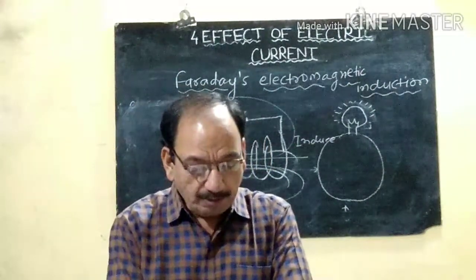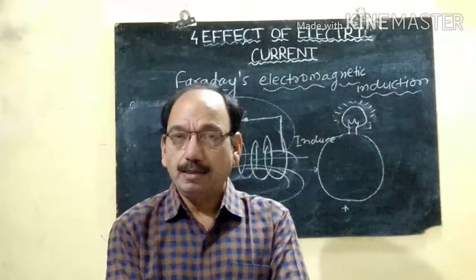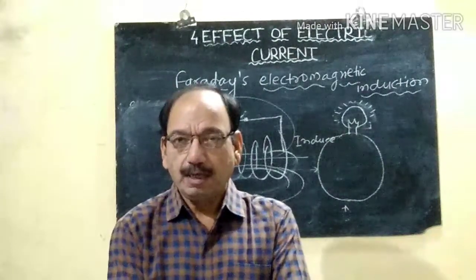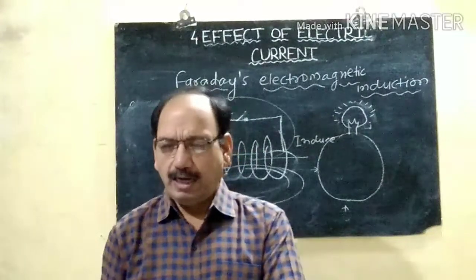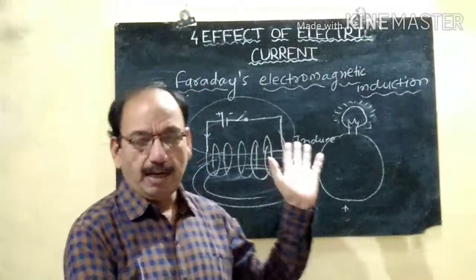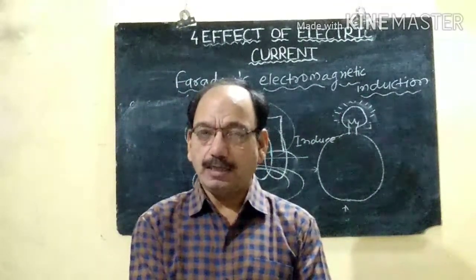If the solenoid coil is moved towards or away from the coil, we can observe with the help of a galvanometer that it shows deflection from zero. We can identify the presence of current with a galvanometer, or by connecting any device which shows the presence of current, like a light.